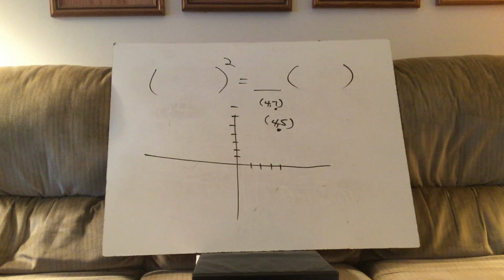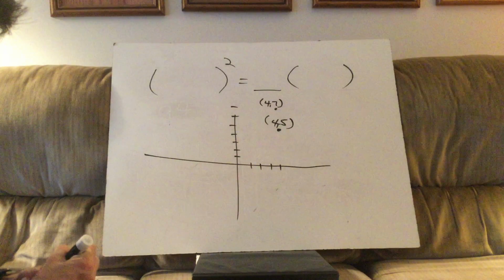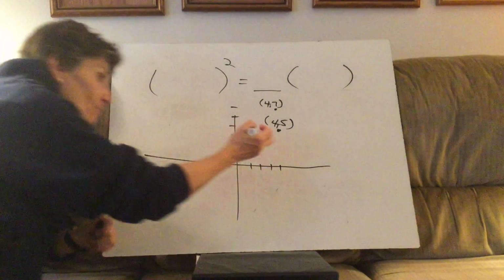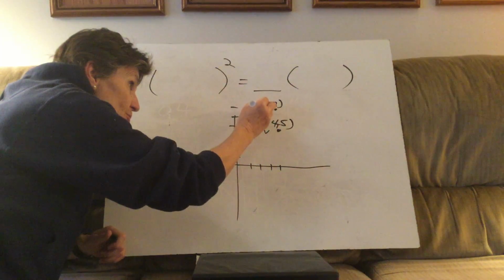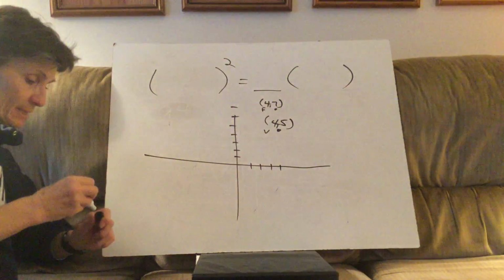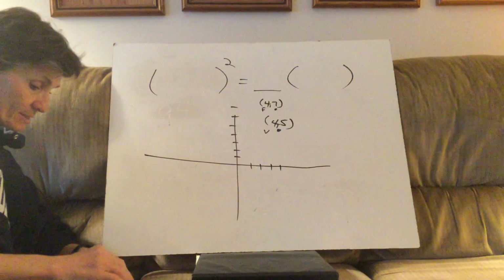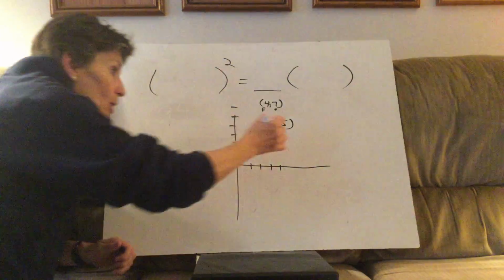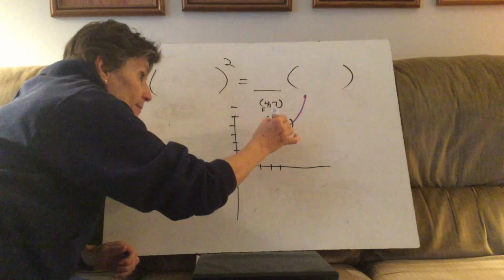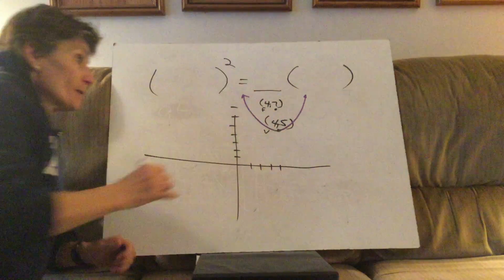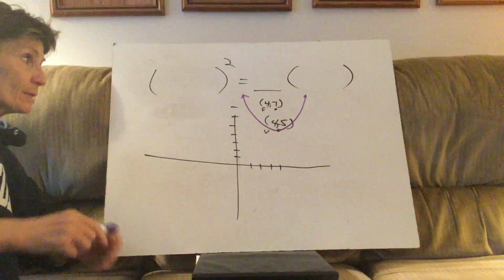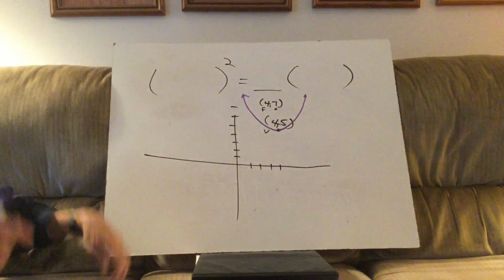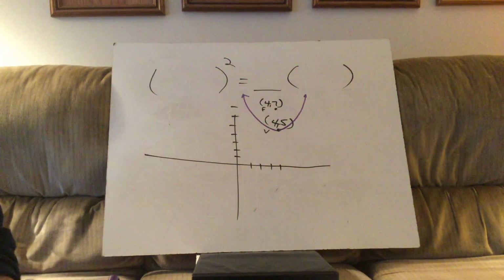Okay. Now, from that alone, the fact that this is your vertex and this is your focus, you should be able to tell which way that parabola opens. That parabola opens up. Because remember, they always wrap around their focus. So the focus is always inside the curve.